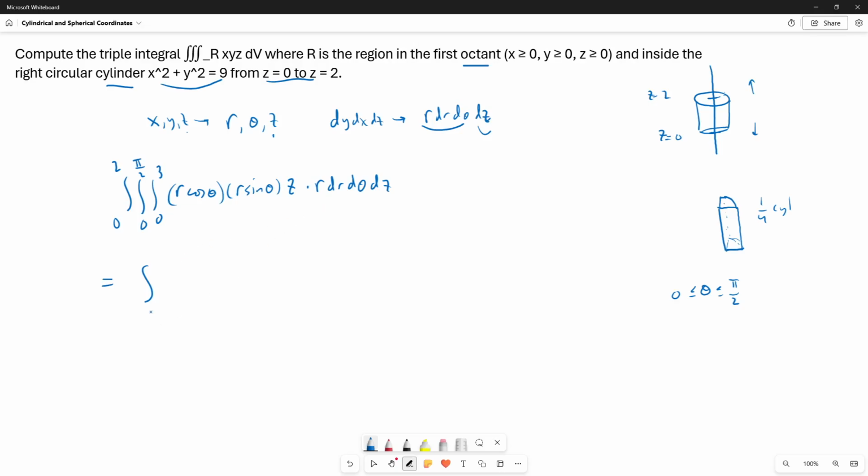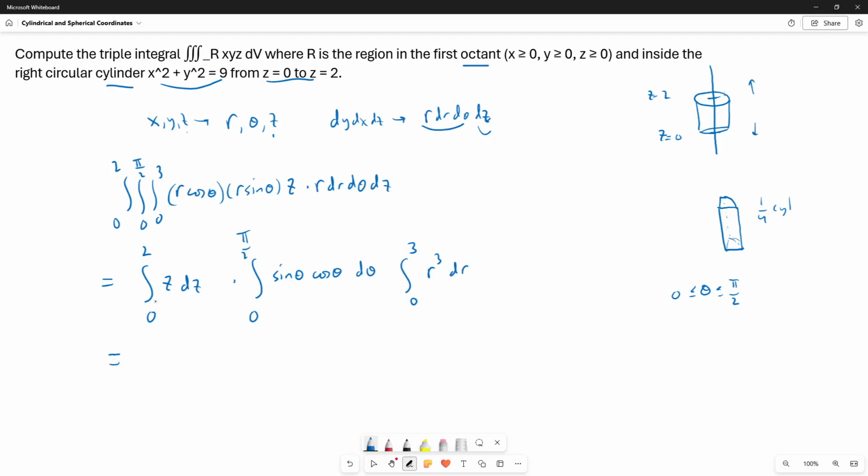We could do the integral from 0 to 2 of z dz times the integral from 0 to pi over 2 of sine theta cosine theta d theta, and then the integral from 0 to 3 of r. We have 3 r's here, so we have r cubed dr.